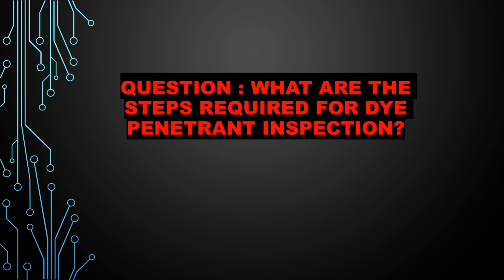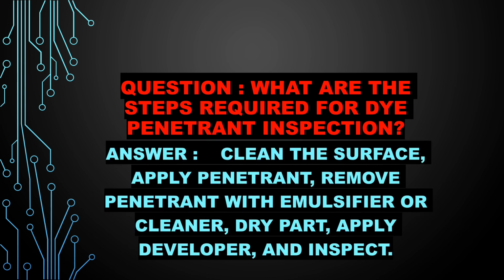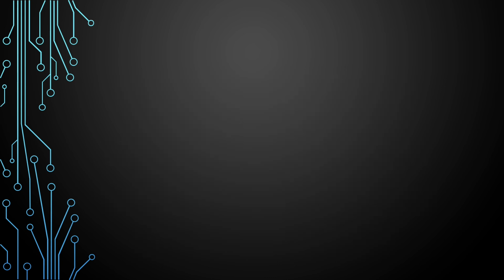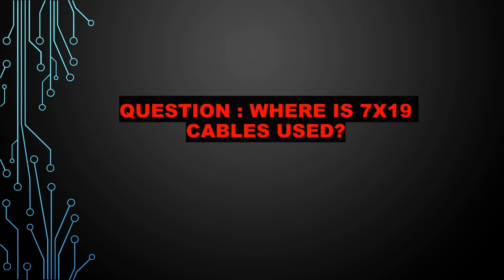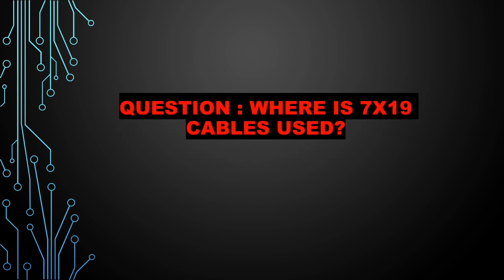Question: what are the steps required for dye penetrant inspection? Answer: clean the surface, apply penetrant, remove penetrant with emulsifier or cleaner, dry part, apply developer, and inspect. Question: where are 7x19 cables used?